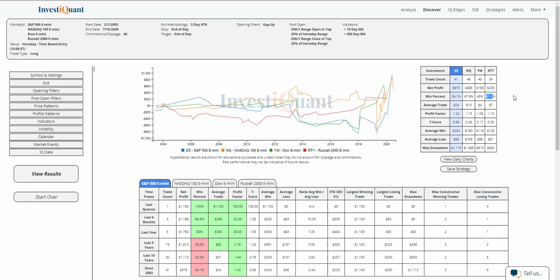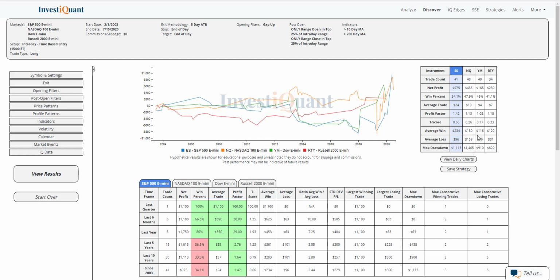Let's take a look at these average wins to average losses. So ES, weak win rate, just 34%, but when it wins, it wins bigger than when it loses. So that's how you get a win rate of only 34%, but historically it's actually made a little bit of profit there. NASDAQ, a little bit larger average win than loss.